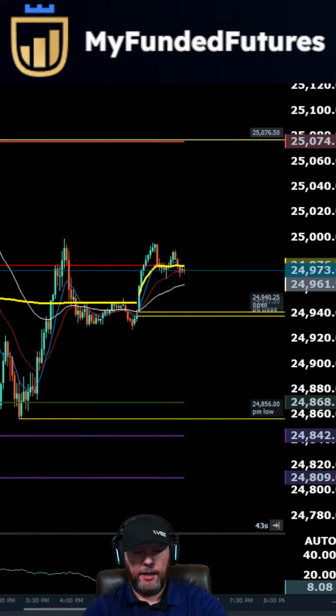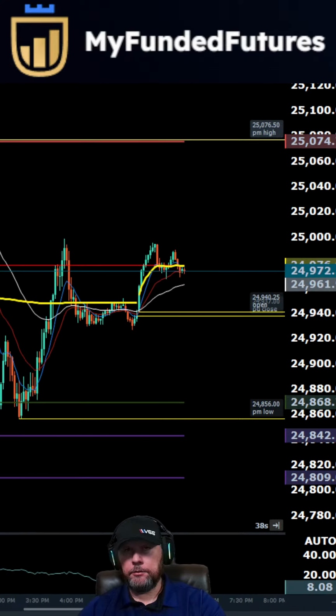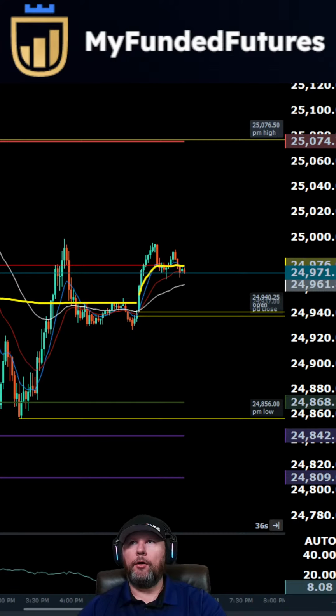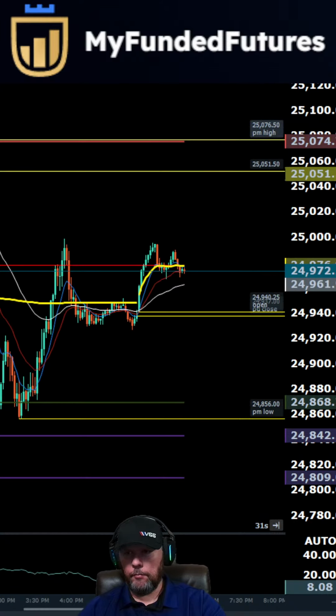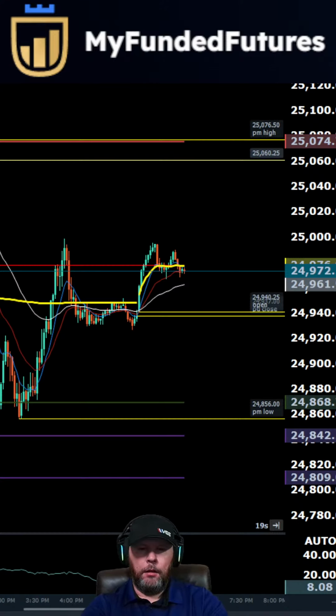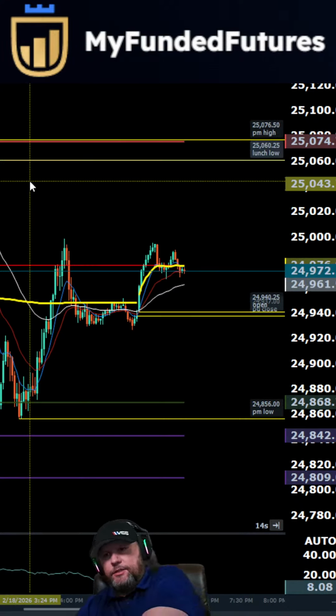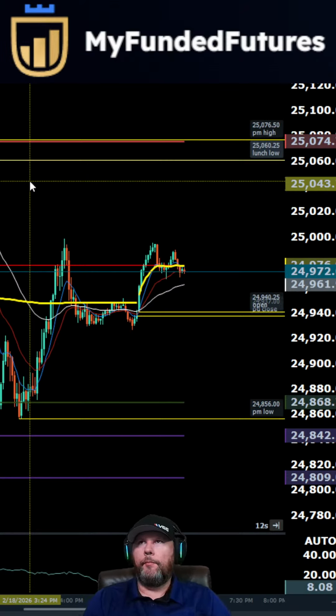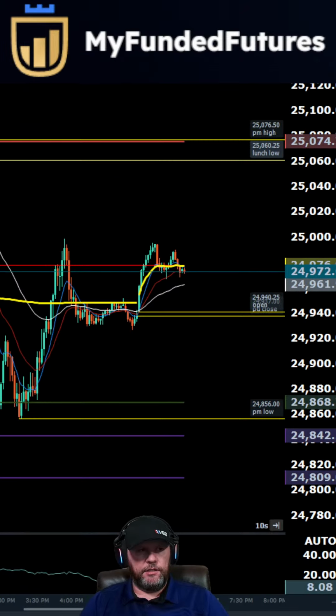So that's the PM high. And then the lunchtime low, 60. And just kind of see what happens if we get to those areas. It could be a decent short area if we get up into there. Lunchtime high obviously is the high of day.